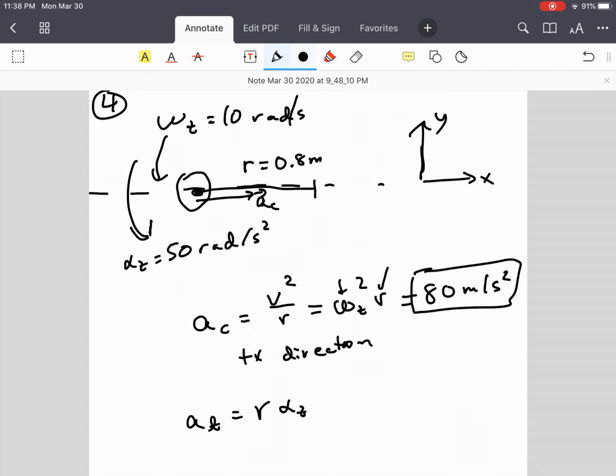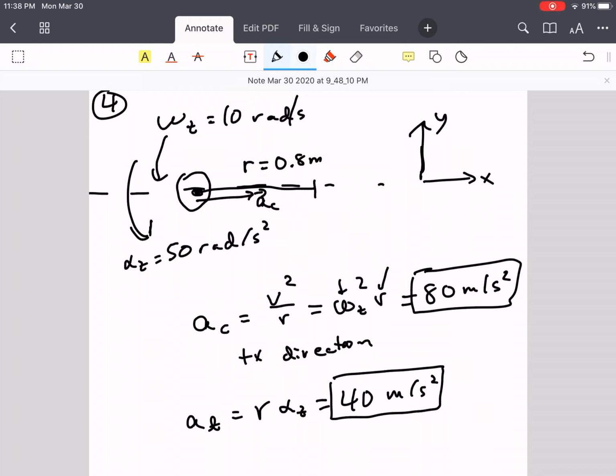Again, remember, alpha always will refer to tangential acceleration, not centripetal acceleration. And again, that's pretty straightforward. That's 50 radians per second squared times 0.8 meters, or 40 meters per second squared. All right, so again, I want you guys to think, which direction is this in? Plus x, plus y, or minus y?